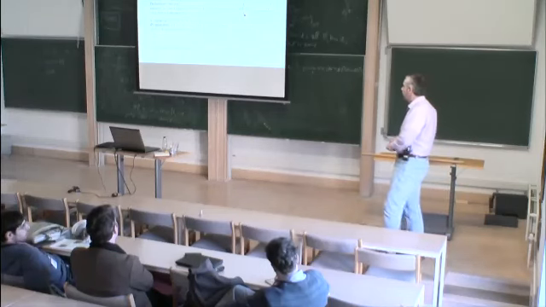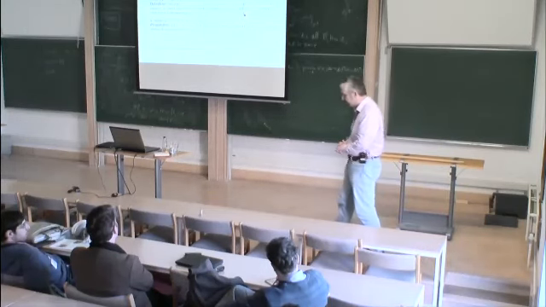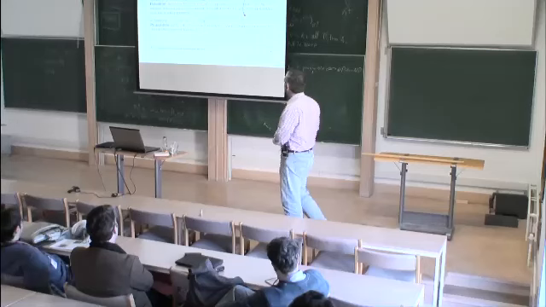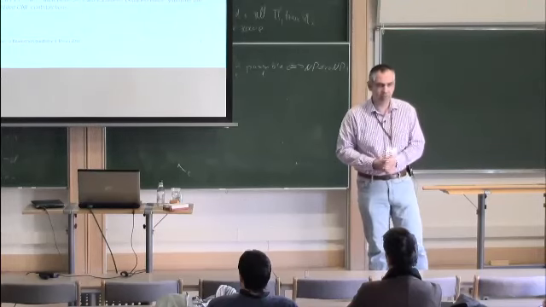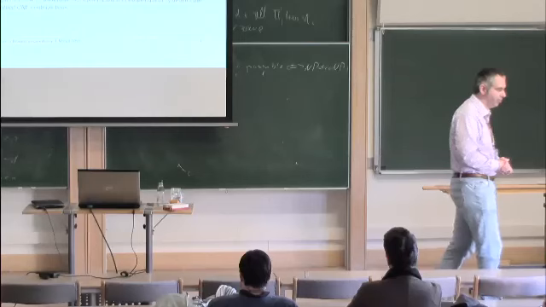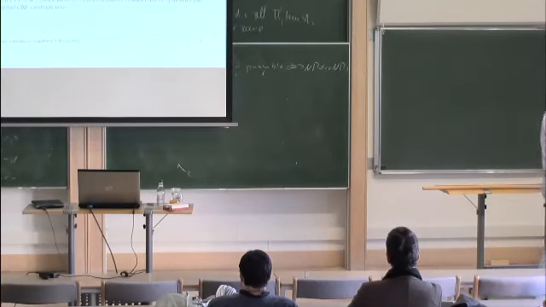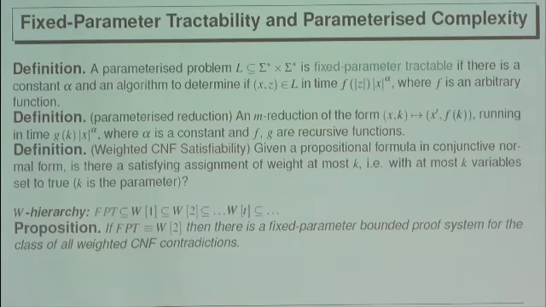I only needed that in order to define weighted satisfiability, in particular satisfiability for a formula in conjunctive normal form. So we have a formula in CNF and a number k, and the question that we ask is, is there a satisfying assignment of weight k?